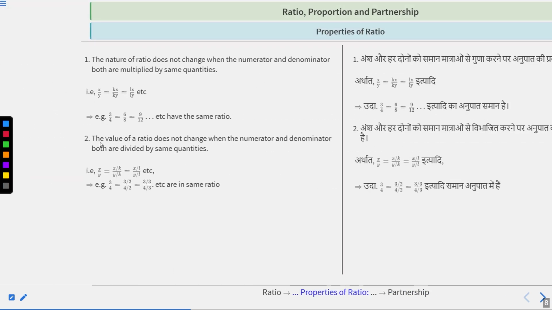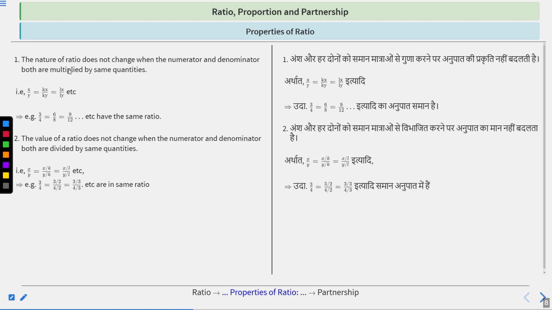Clear? Next, property of ratio. The value of a ratio does not change when the numerator and denominator are both multiplied by the same quantity. What does it mean? If you have x upon y and we multiply numerator and denominator by any constant k, then it has the same value. Clear? It has the same ratio. If you multiply by k, it becomes kx upon ky. If you multiply by l, it becomes lx upon ly.